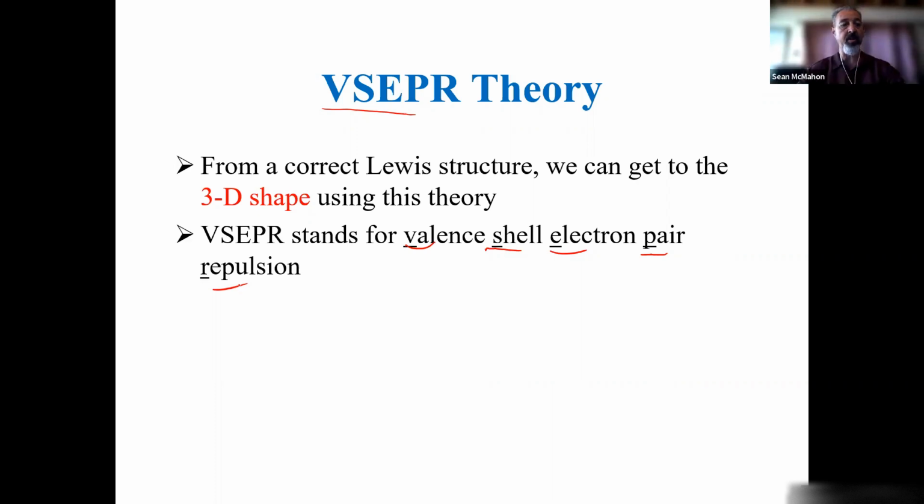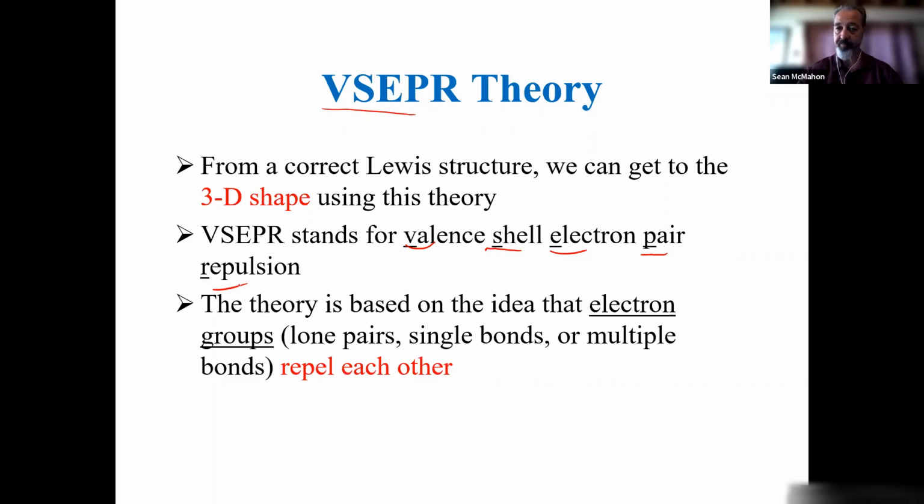So as a result, they get a specific shape. So the theory is based on the idea of, okay, well, yeah, we have what are called electron groups. Electron groups have electrons. So those can be lone pairs, single bonds, or multiple bonds, okay?